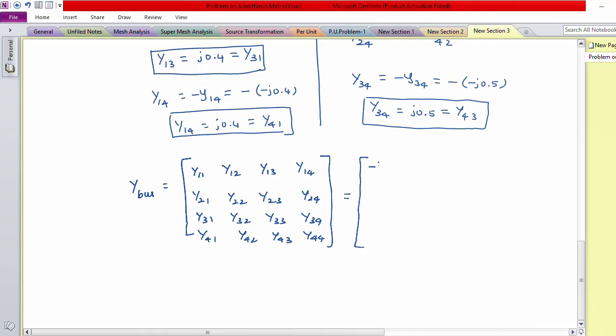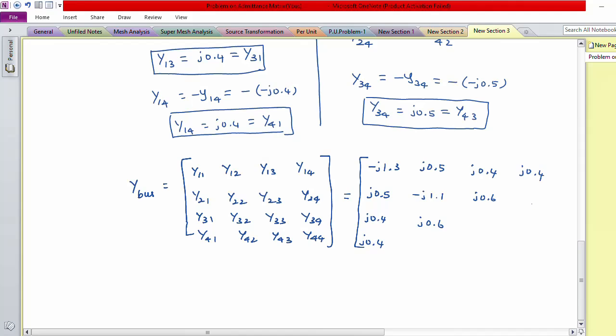So y11 is minus j 1.3. y12 is j 0.5, that will be equal to y21. Similarly, y13 is equal to j 0.4, that will be equal to y31. y14 is j 0.4, that will be equal to y41. y22 is minus j 1.1, y23 is j 0.6, and the same we can write for y32.